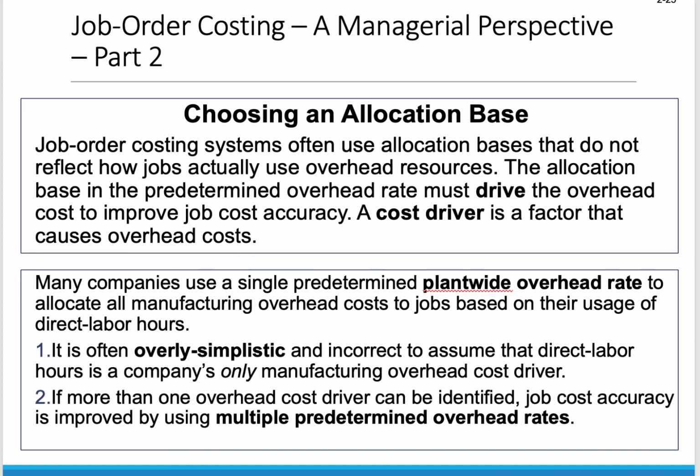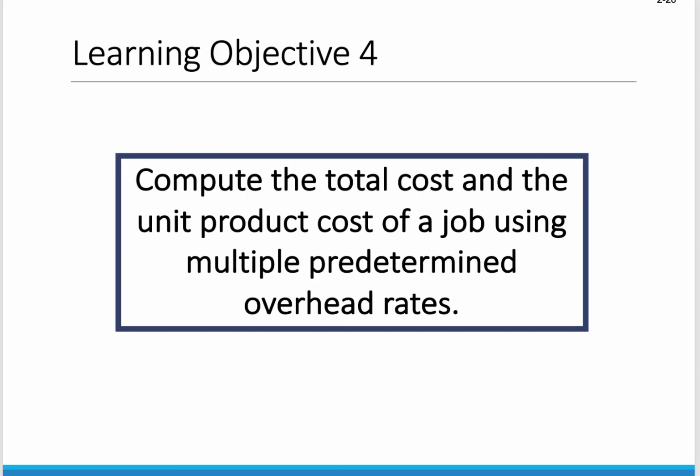We can get a little bit more accurate if we first tighten up our estimates, and second, if we actually use multiple overhead rates. When we come back in our next video, we're going to see exactly how we calculate total cost and unit product cost using multiple predetermined overhead rates.